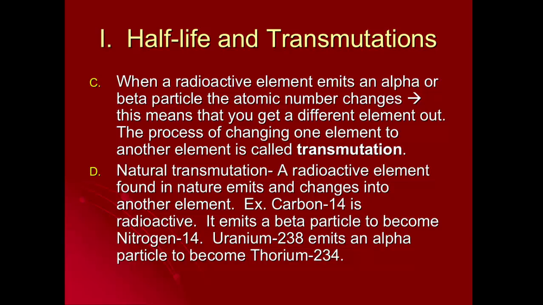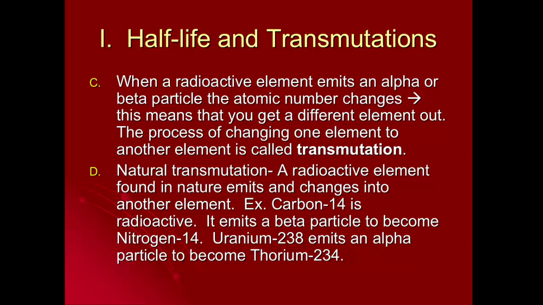You'll notice the carbon here, that number didn't change. The reason as carbon-14 goes to nitrogen-14, the reason that number doesn't change is you've emitted an electron, but a neutron is turned into a proton. So we lost one for the neutron, but we gained one for the proton, so the mass doesn't really change. Remember, electrons don't weigh a whole lot.